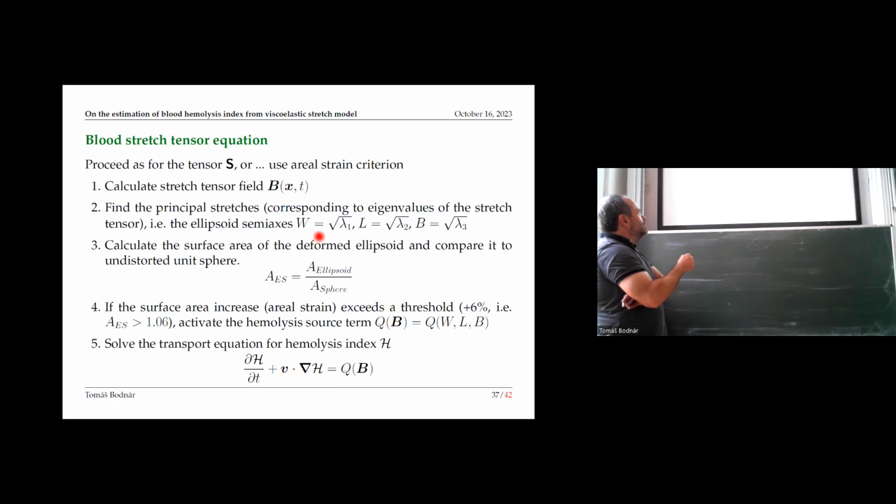The first one is that you need to really find the 3 eigenvalues of your tensor. It's a symmetric, positive definite tensor, but you need all of them. And if you try to do it by some formula, then it might be complicated and prone to errors, numerical errors, I mean.